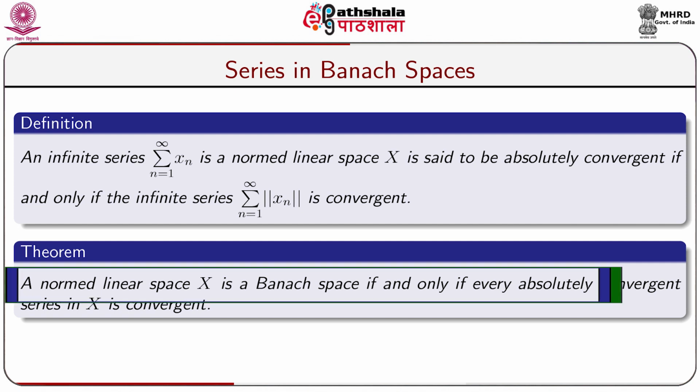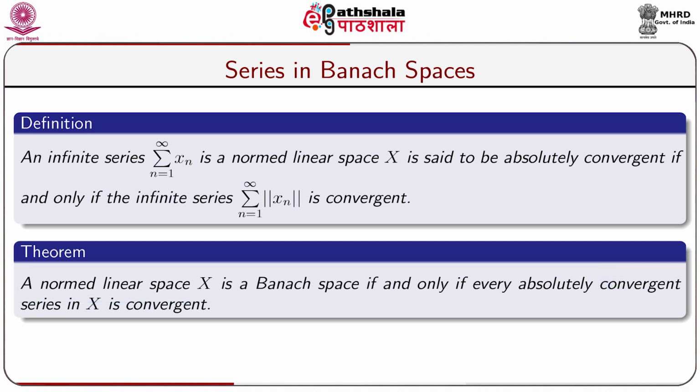A nonlinear space capital X is a Banach space if and only if every absolutely convergent series in capital X is convergent. By an absolutely convergent series, we mean that an infinite series sigma n equal to 1 to infinity xn in X if and only if the infinite series sigma n equal to 1 to infinity norm of xn is convergent.